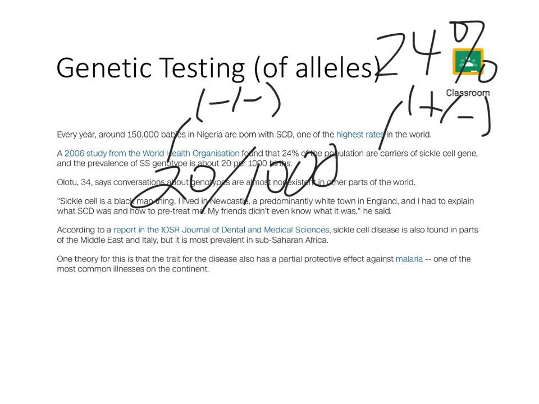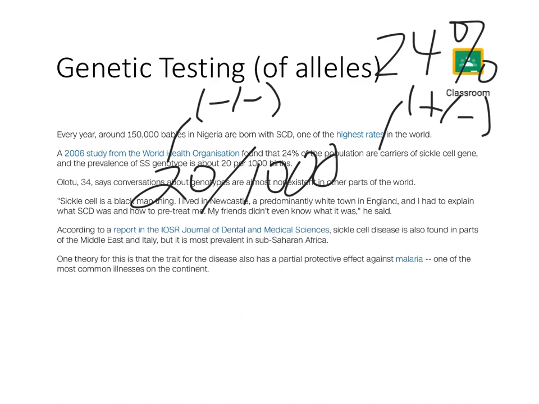So the frequency of person X and person Y having two S alleles, 50% of the time and 50% of the time, that's 25% of the time in 5.76% of the population. So the final answer is you multiply those three numbers.